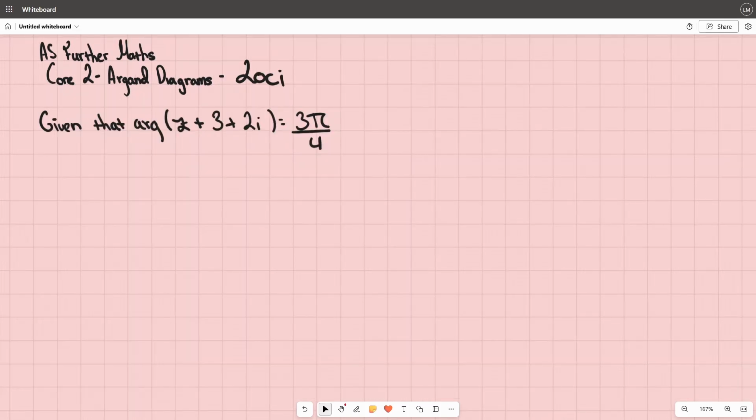Okay, so now I have an example where the argument of z plus 3 plus 2i is equal to 3π/4. First I want to draw this because we know that it starts from -3, -2. So we know that this is in the bottom left quadrant.